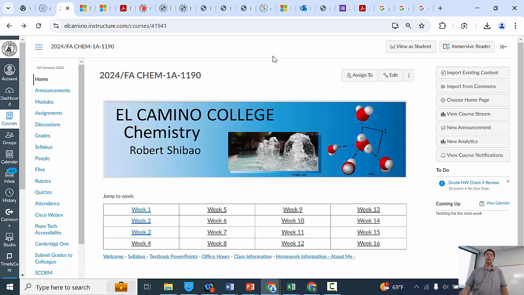Well, that makes things more complicated, and then I start forgetting, and some people end up dropping and they're still on the email list, or some people aren't. They don't check their El Camino email. They only check their personal email. And some people don't check their email every day. And so then I get people asking me to do different things.